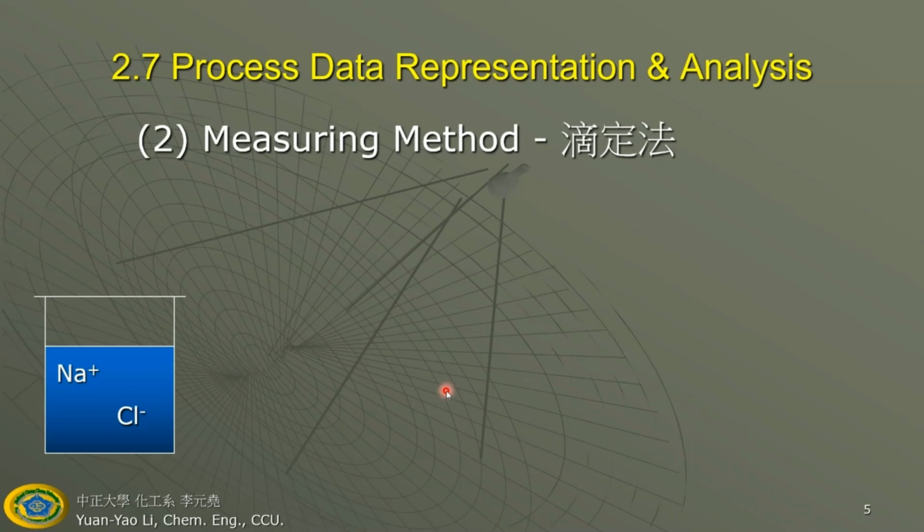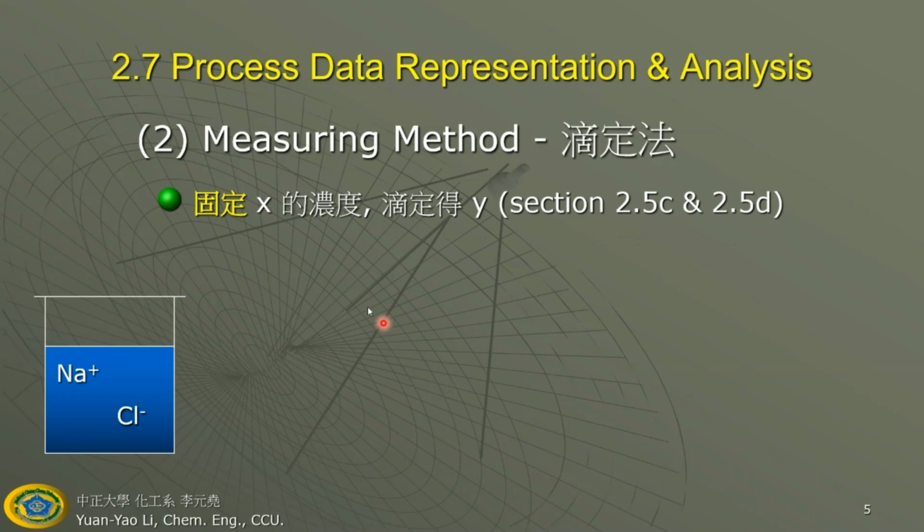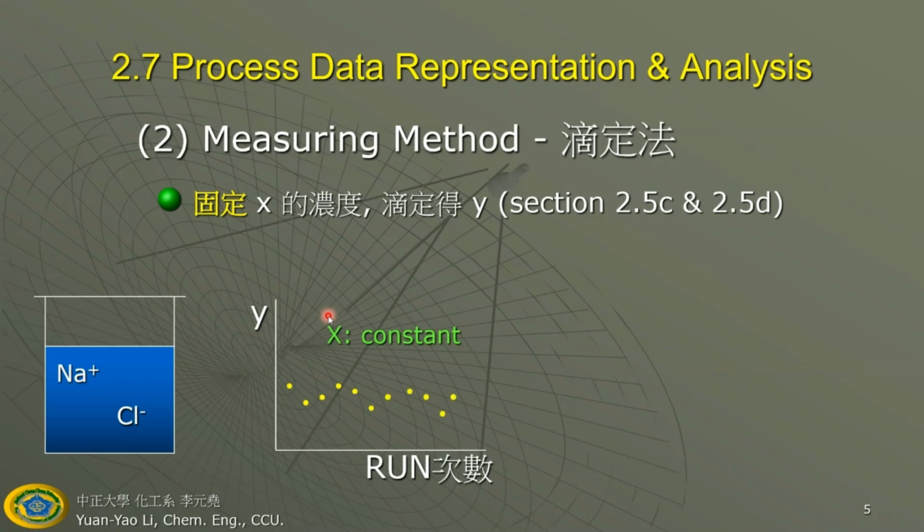Let's use the example of titration. If we fix x, the concentration, and we get y, this is the fixed concentration and we get y. We do it 10 times, so we get numbers, again just as you already know.